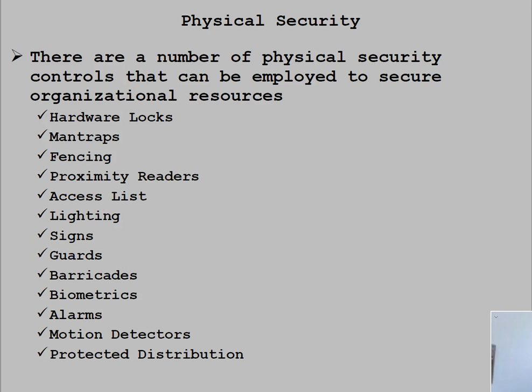And that process is called crime prevention through environmental design, CPTED.